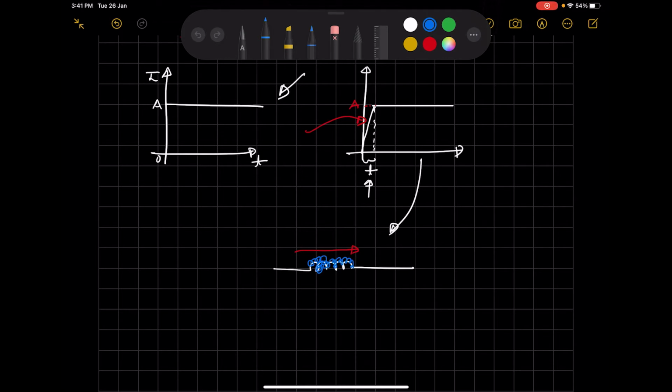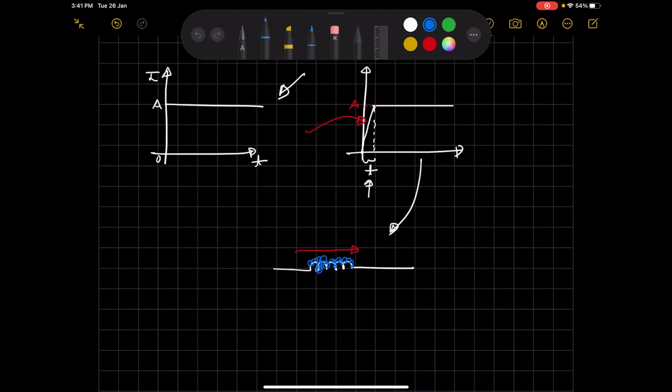When you apply a DC current I, it initially has to go from 0 to its constant value, and during that period the current is changing. Therefore a changing current will produce a changing magnetic field inside an inductor.